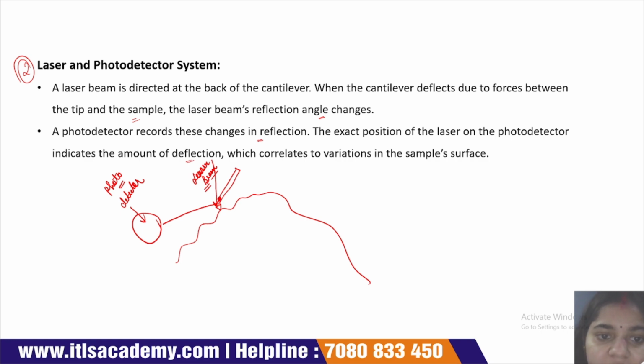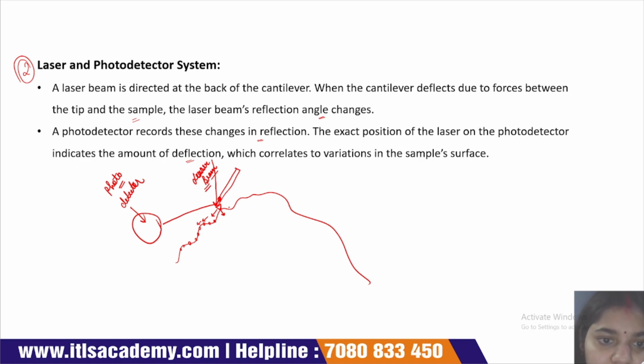Whenever this cantilever tip scans the surface of this biological sample, here, here and here, the scanning process is performed. As the tip of the cantilever scans the surface of the biological sample, the force will change.